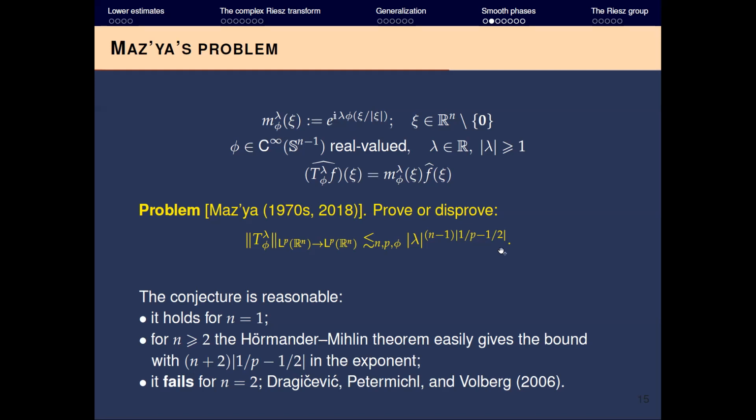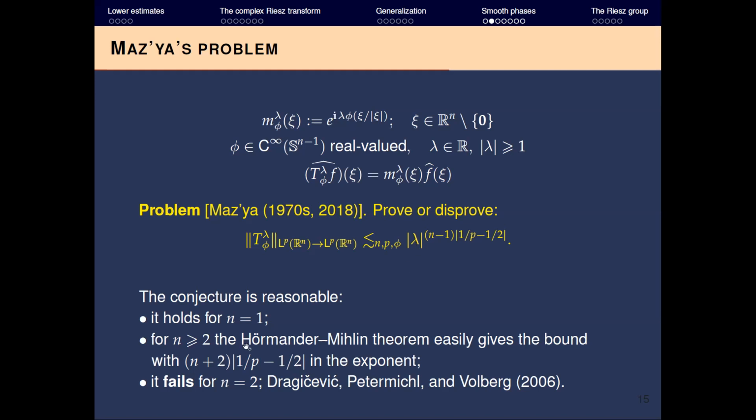Let me first say that this conjecture is quite reasonable at first sight, because in 1D, when n equals 1, all these operators are trivially bounded linear combinations of the identity and the Hilbert transform. So they clearly satisfy a uniform bound independent of the power lambda.